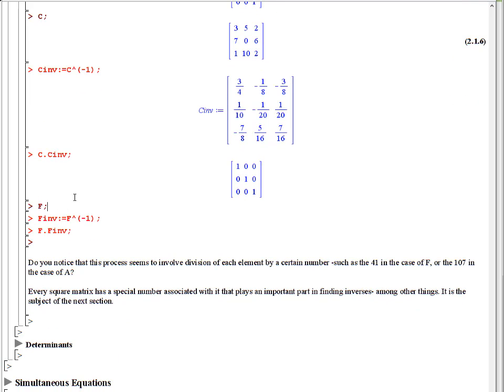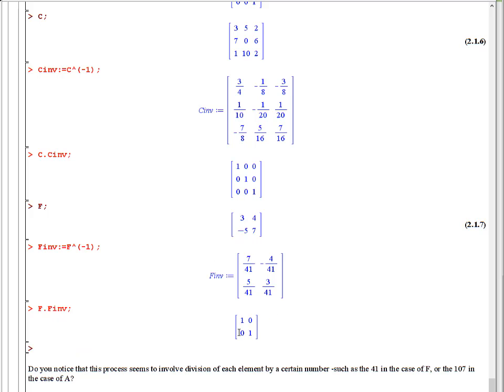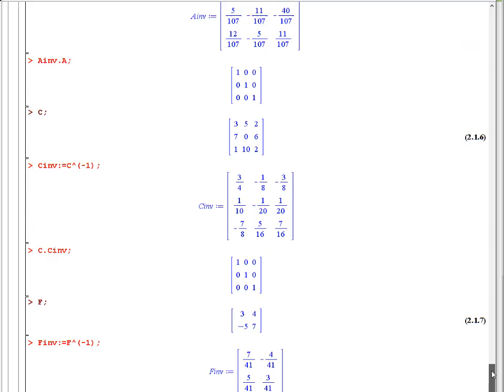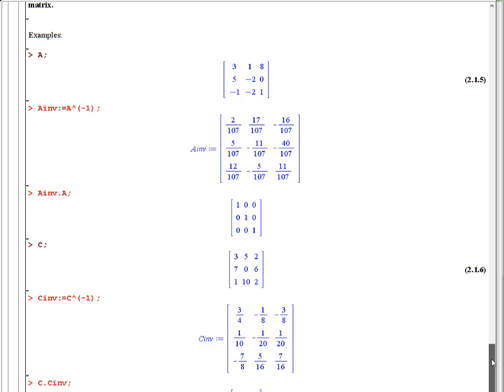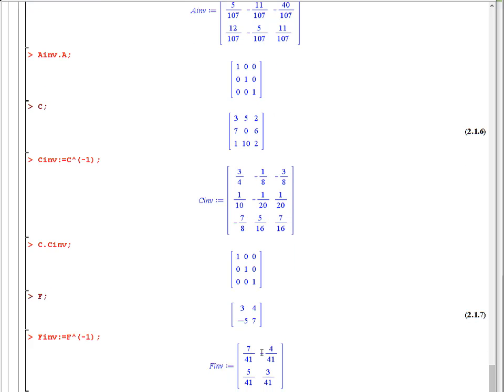And for a 2 by 2, there's F. There's the inverse of F. And this is how you check: you multiply this by this, and you get the 2 by 2 identity matrix. So here we've got 3 examples of a matrix and its inverse.